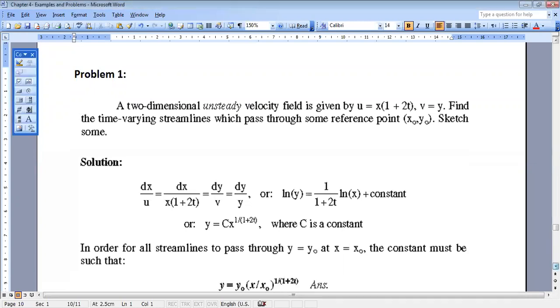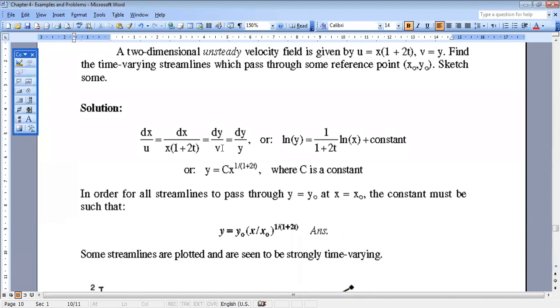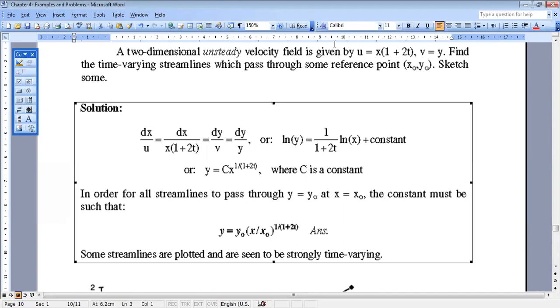If we do this, we can get the constant c, because having a reference point will allow us to calculate the constant in the streamline. So here I want to find the series of streamlines passing by x0, y0.